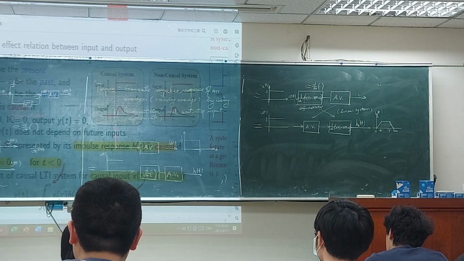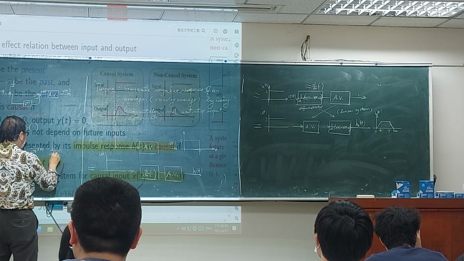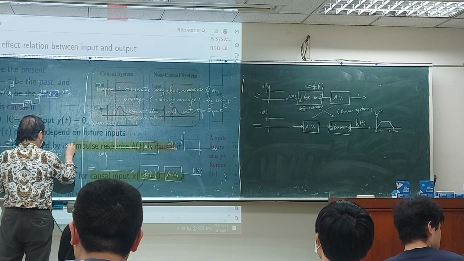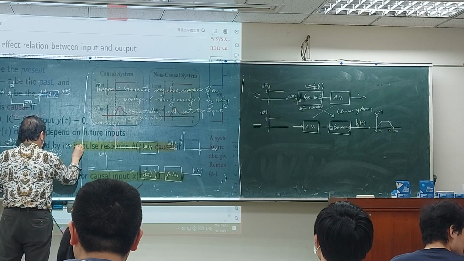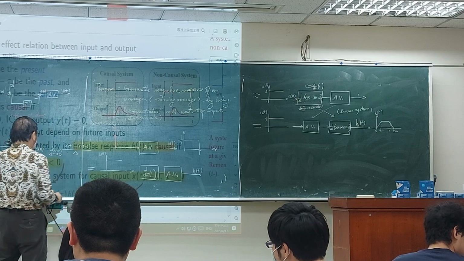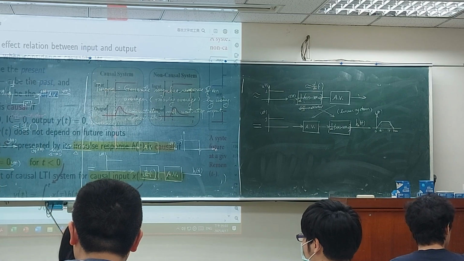What is the definition? That is the limit as the difference goes to 0 of x of t minus x of t minus delta, and then divided by delta. That's a slope, right?